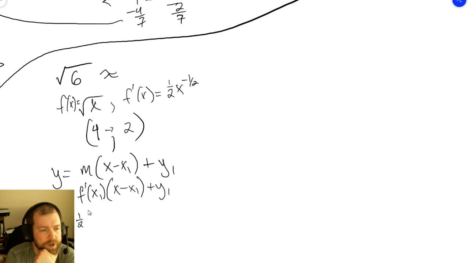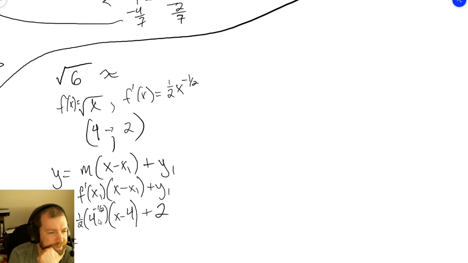So this would be 1/2 times x1 is 4, to the negative 1/2, times x minus 4 plus y1 was 2. 4 raised to the negative 1/2 is going to be a half.